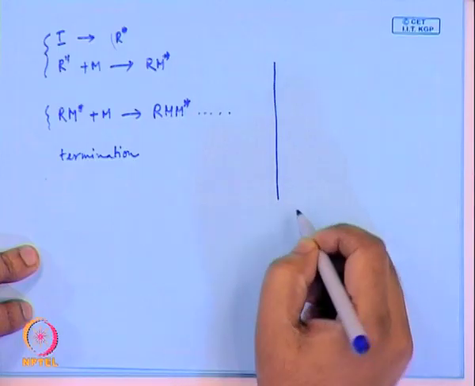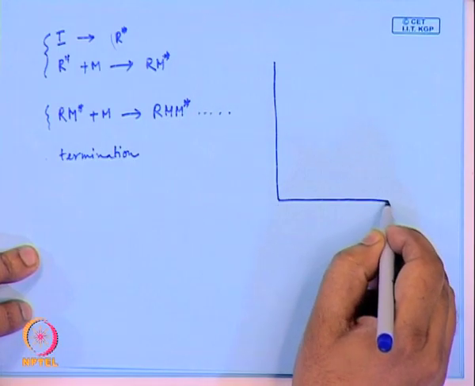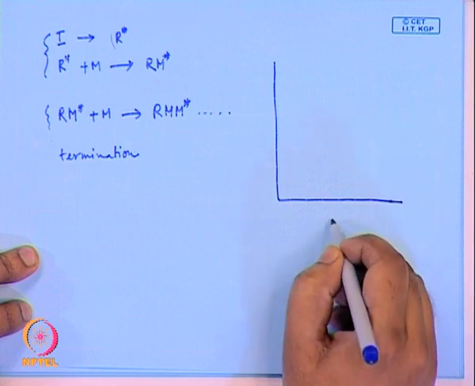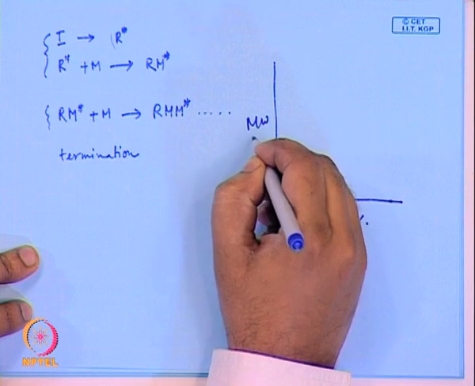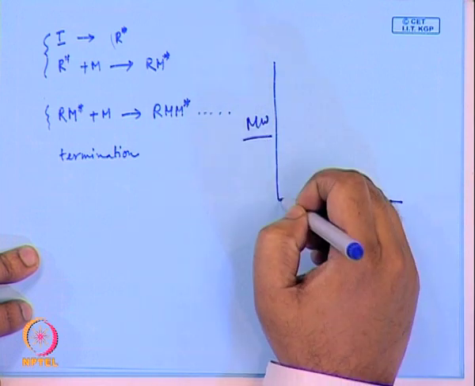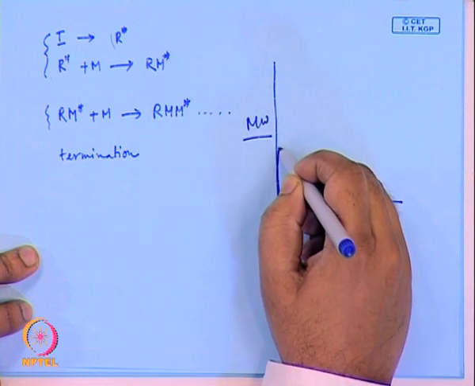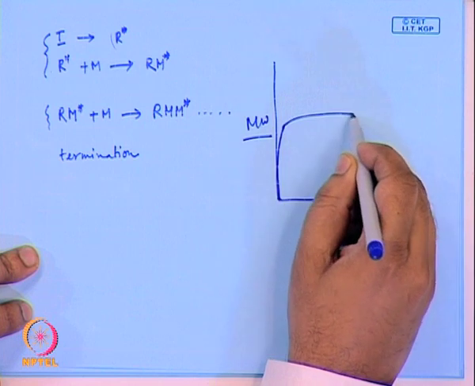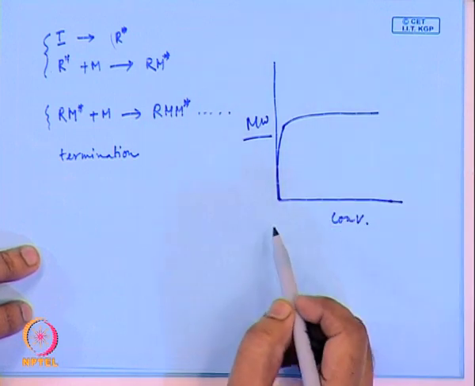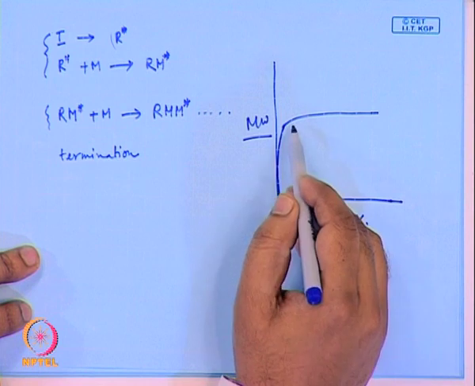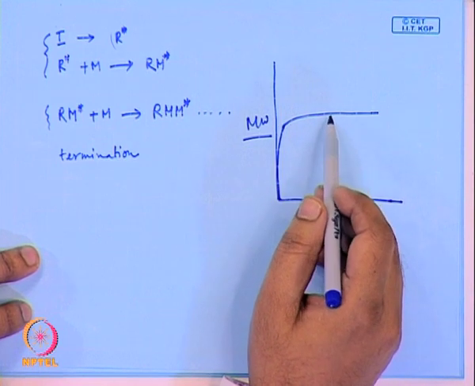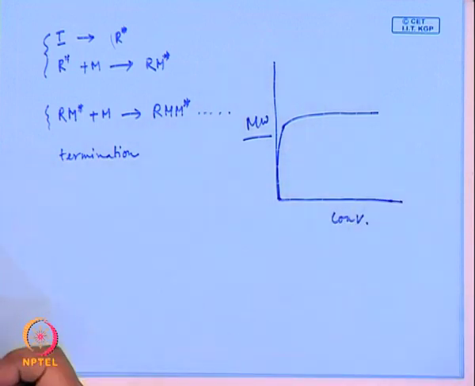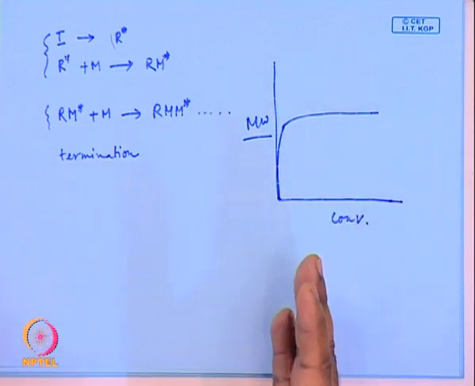If you recollect from the discussion we had in the first two lectures, in chain polymerization the molecular weight builds very soon, and at very low conversion itself it reaches a very high molecular weight, and the molecular weight remains high during the conversion.